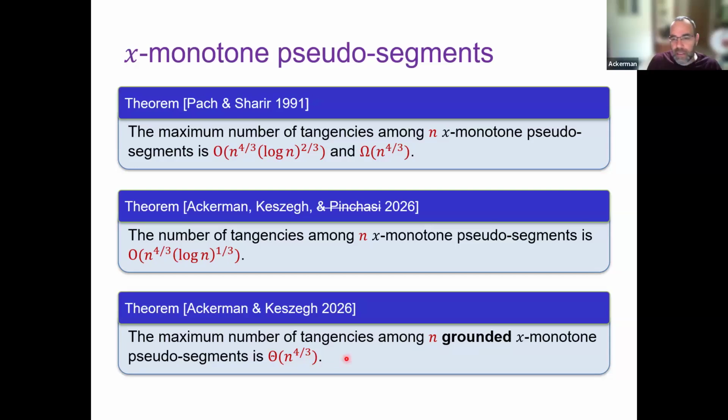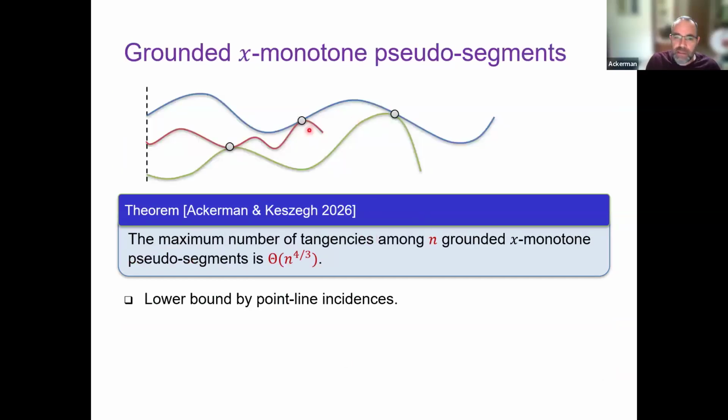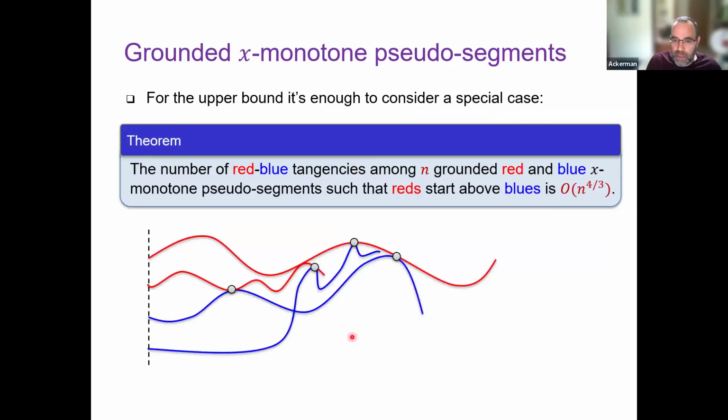By grounded, for x-monotone curves, I mean that they all have their left endpoints on a common vertical line. Again, the lower bound comes from the point-line incidences, and for the upper bound, let me give you some detail.